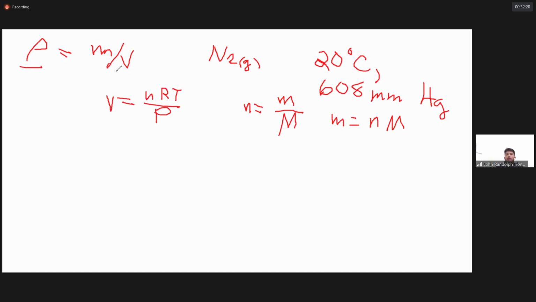And then, importante dito kung makaka-derive kayo ng tamang unit. So, ang gagawin nyo guys, itong mga formulas na to, yung sa V at saka sa M, i-substitute nyo itong dalawang to dito sa formula ng density natin. Di ba?